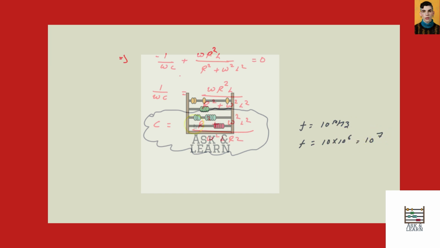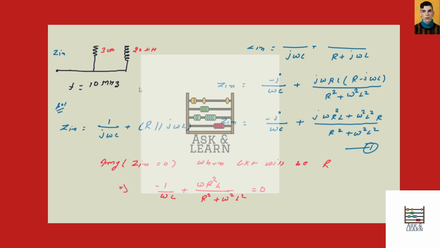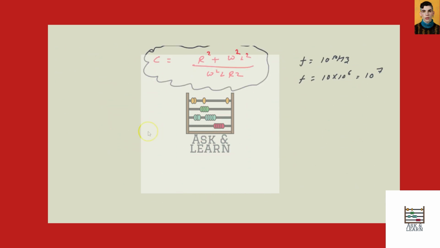Now we have to calculate the value of the capacitor. We put the value of the resistor R, which is 300, and the inductor L, which is 20 microhenry. C equals R square plus, with omega being 2 pi f, so 2 pi f whole square multiplied by L square, upon 2 pi f whole square into L into R square.